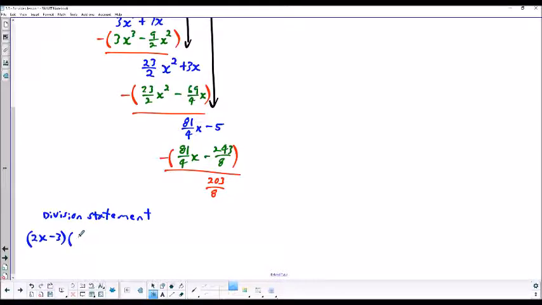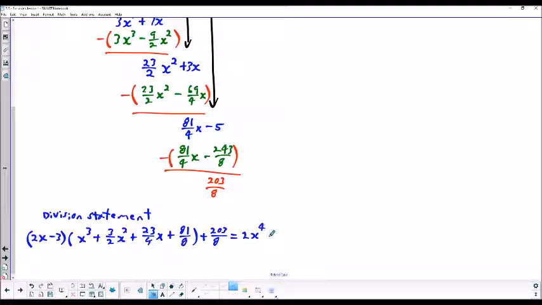The quotient is x cubed plus 3 halves x squared plus 23 over 4 x plus 81 over 8, plus the remainder, which is 203 over 8, and that's going to equal the original dividend of 2x to the power 4.